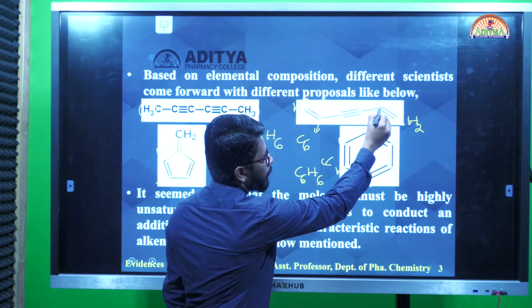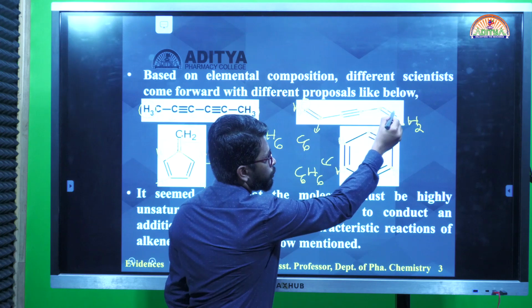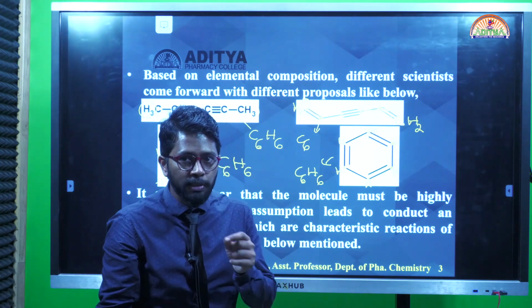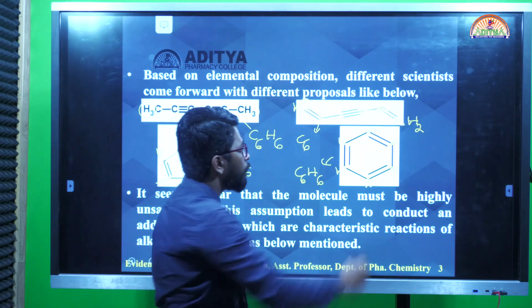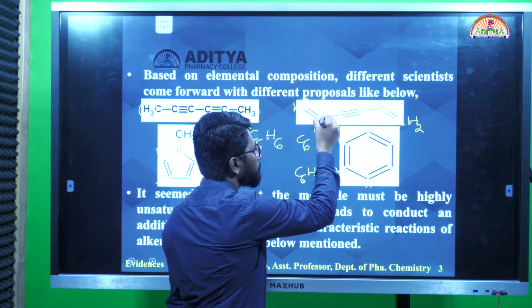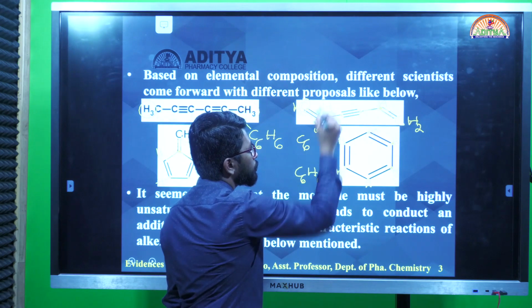if you observe here, this carbon's valence is satisfied. This is 1, 2, 3. Still 1 valency is remaining, and that valency was satisfied by the hydrogen itself. Here also the same, 2 hydrogens.